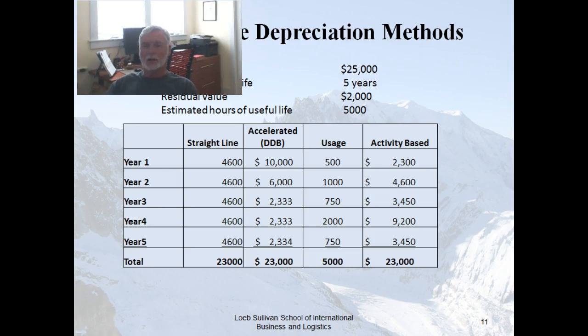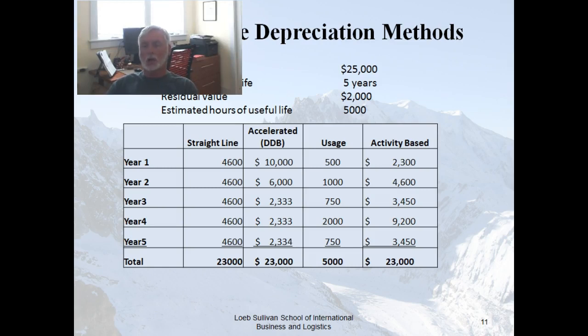I'm not going to teach you that method or require you to know it. There are several different accelerated methods. But accelerated depreciation using double declining balance gives us a first year depreciation of 10,000, a second year depreciation of 6,000, and then a straight line depreciation from year 3 on of 2,333. The total is still 23,000.